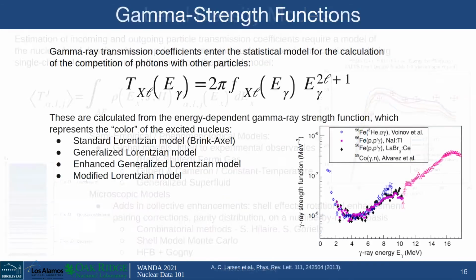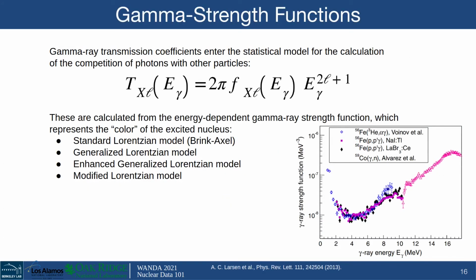Another important ingredient in reaction modeling for isotope production is a well-characterized understanding of the gamma-ray transmission coefficients. These are typically calculated from one of a number of energy-dependent gamma-ray strength functions, and represent the competition between particle emission and gamma emission in highly excited nuclear states.